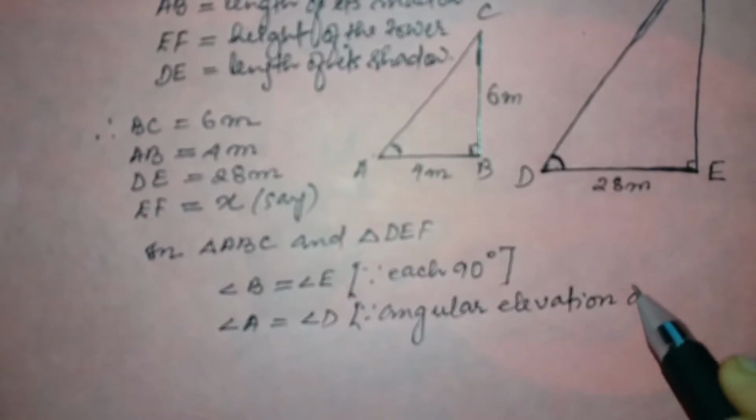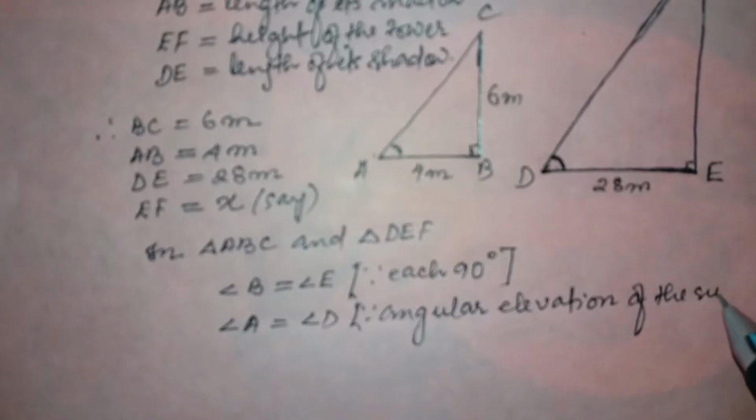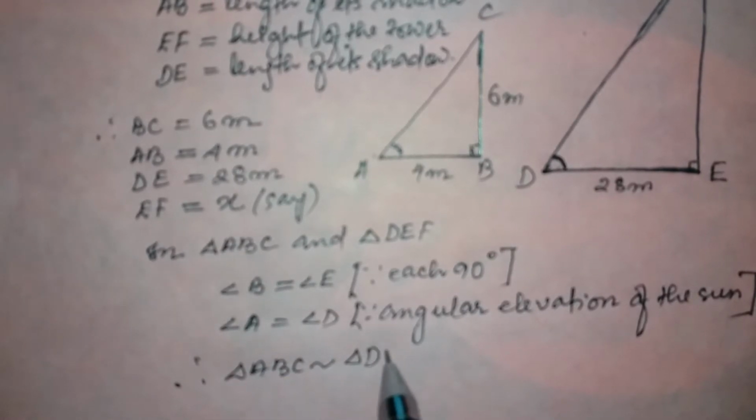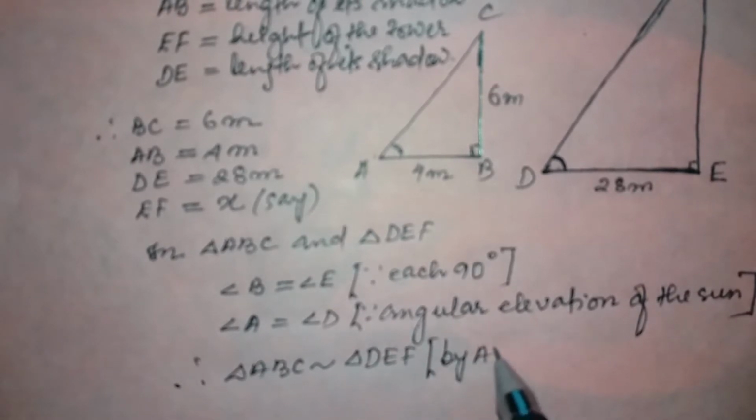Therefore, by AA similarity, triangle ABC is similar to triangle DEF.